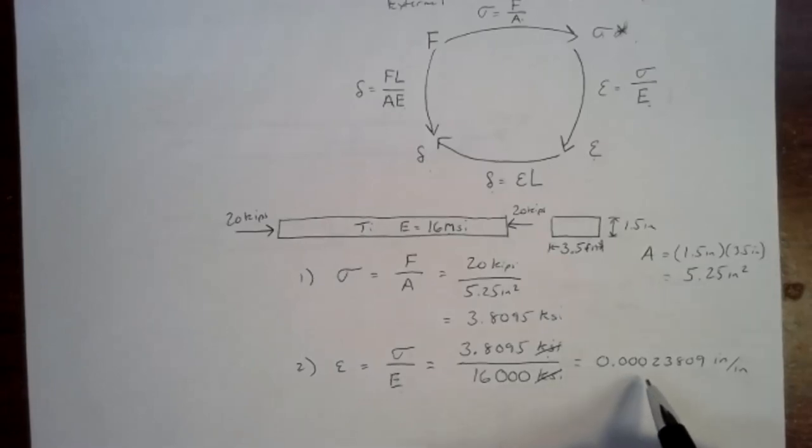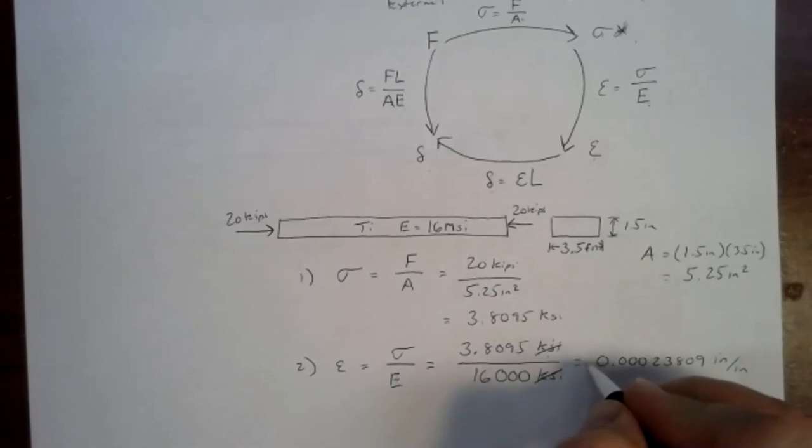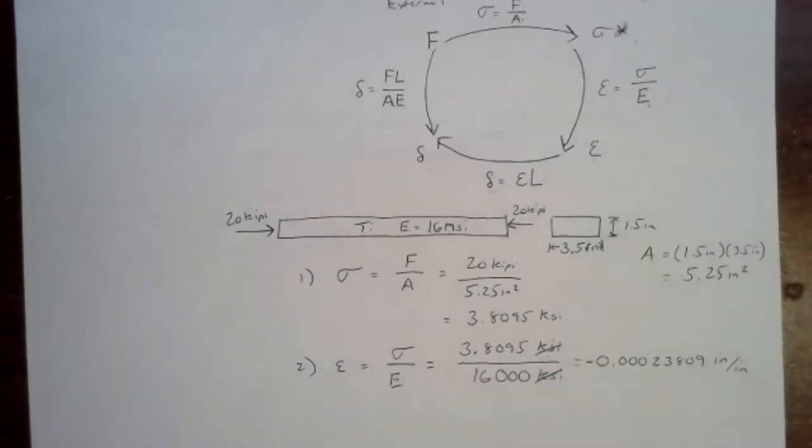What it really says is that each inch shrinks by about 238 millionths of an inch. And to show that that's a shrink, that it's a reduction in size, we throw a negative sign in there. Negative strains mean that the object has shrunk. Positive strains mean that it's grown.